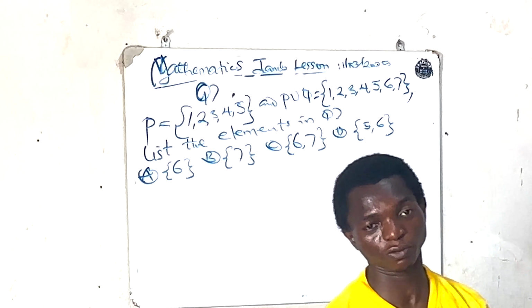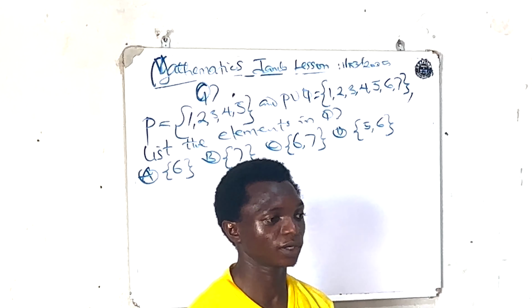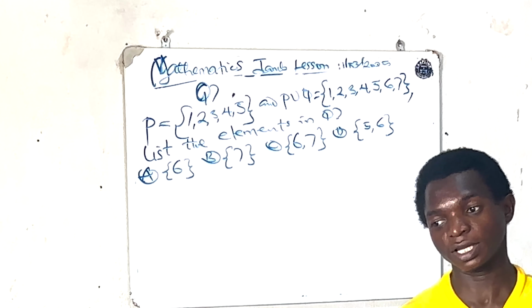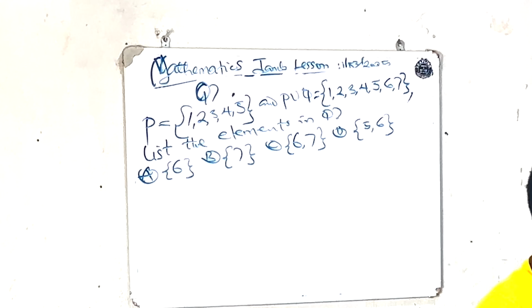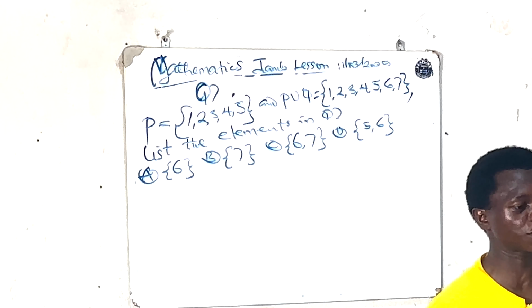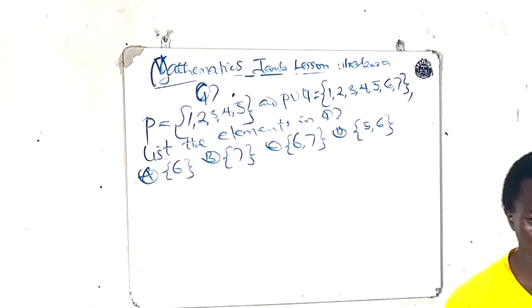If you look at this question, it's a very simple question, but if you do not comprehend what a set is, you look at it as a very difficult question, while the question is very simple.